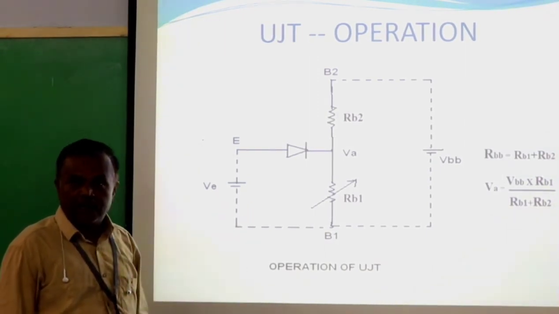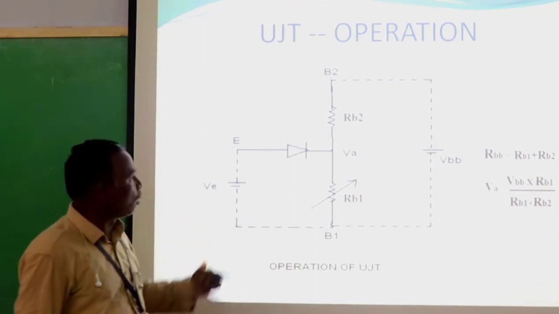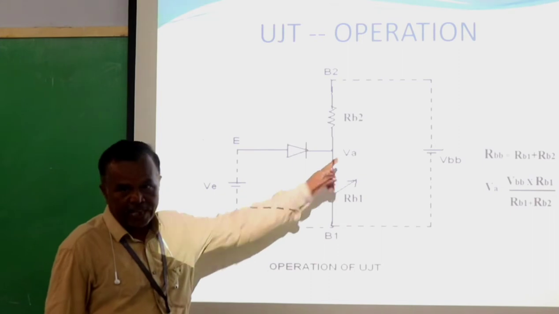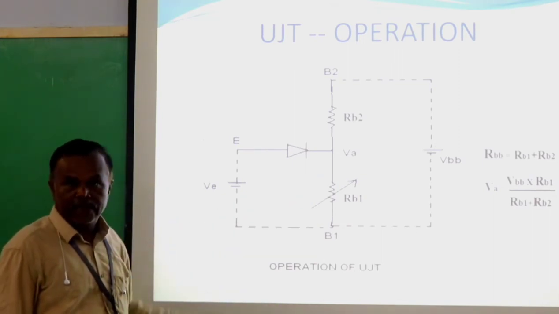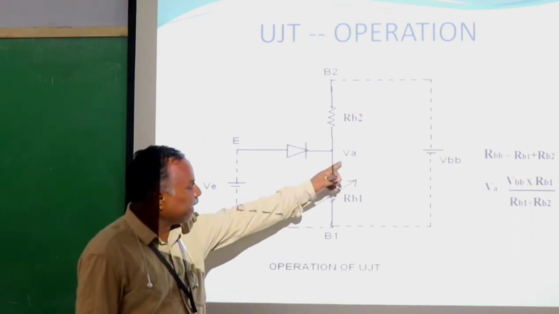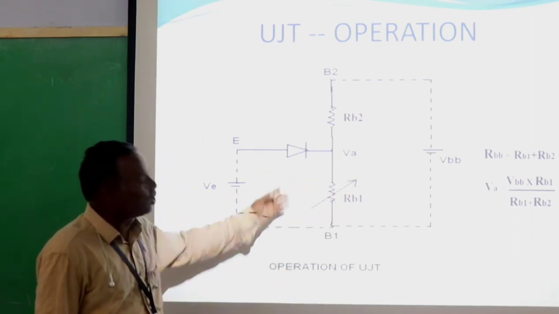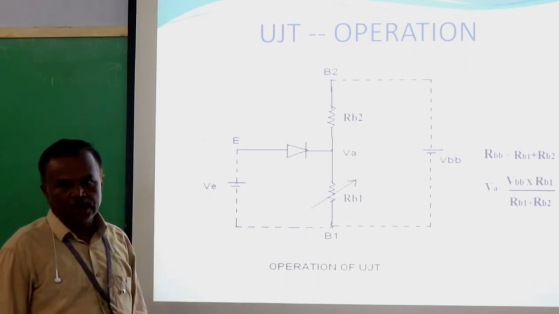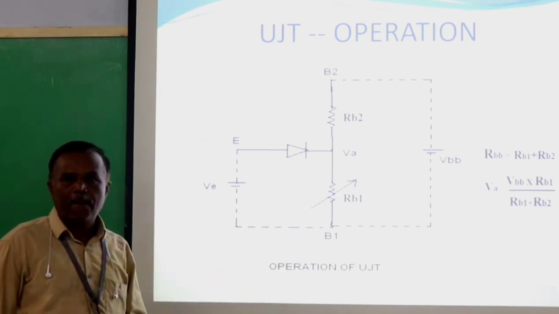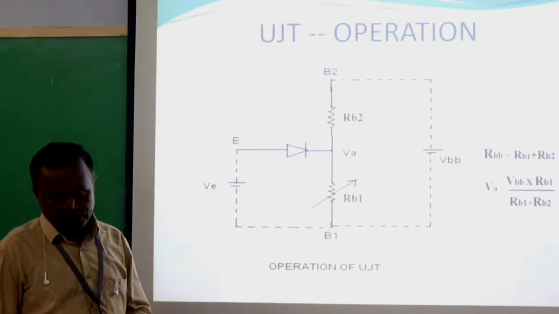After that, whenever the emitter voltage is increased beyond the threshold voltage above VA, that means whenever VE is greater than VA plus VT, where VT is the threshold voltage of the diode. In the case of silicon, this is 0.7 volts. In the case of germanium, it is 0.3 volts.